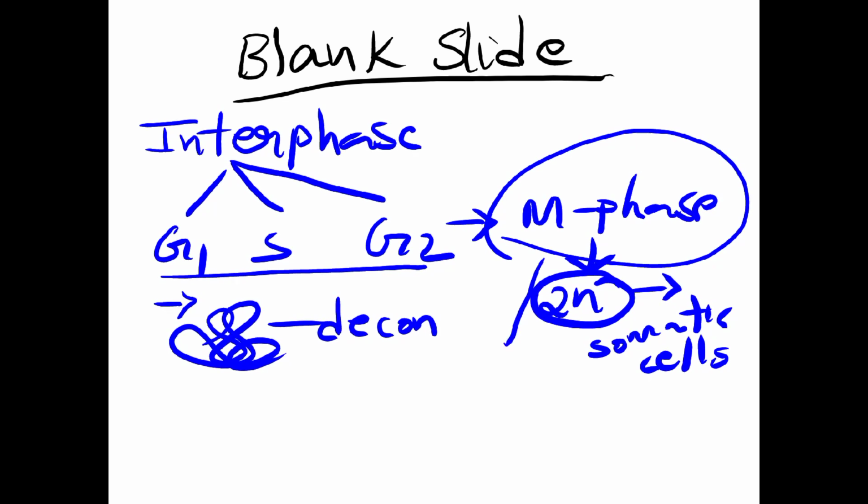During the M phase, what happened? This decondensed form of chromosome changes into condensed form.